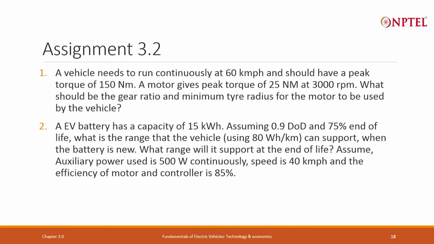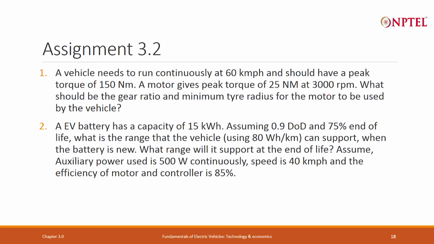In the second question, I have given you a battery with a capacity of 15 kilowatt hour, but I am assuming 0.9 DOD, depth of discharge, and 75% at end of life. Assuming that a vehicle consumes 80 watt hour per kilometer, what is the range that the vehicle can support on the average when the battery is new, and when the battery is near the end of life?